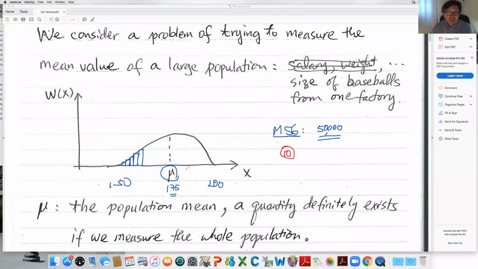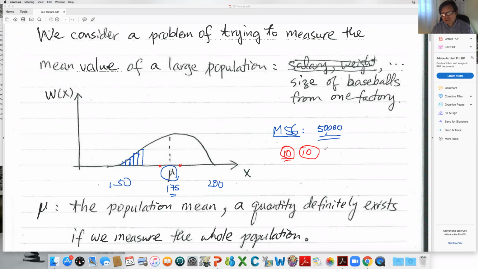Every time I take a measurement of 10, I get an average value of the mean here. If I initially take 10 measurements, then throw the samples back to the population and take another random sample of 10, then I get another value here.